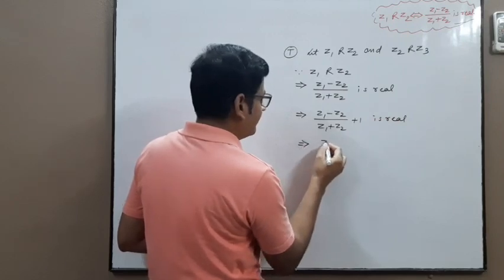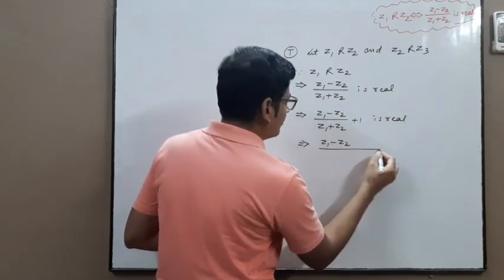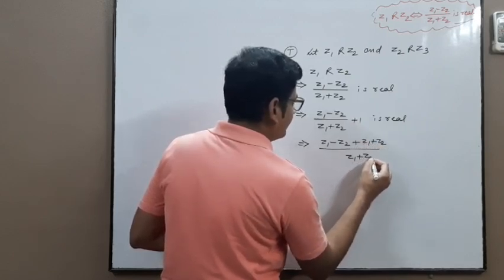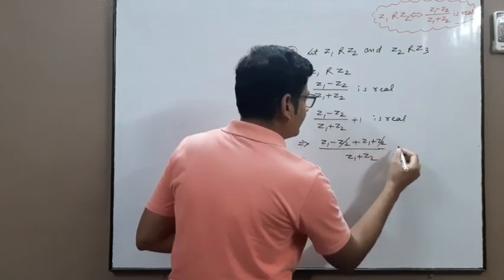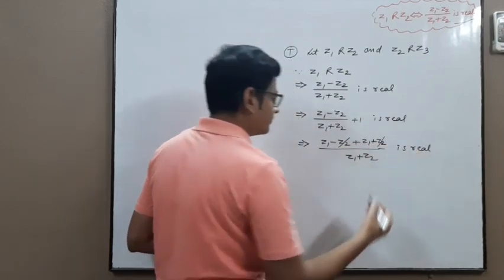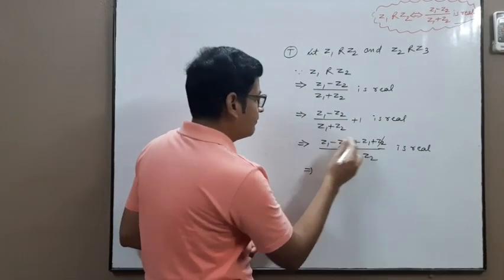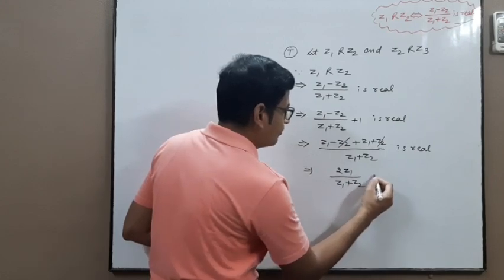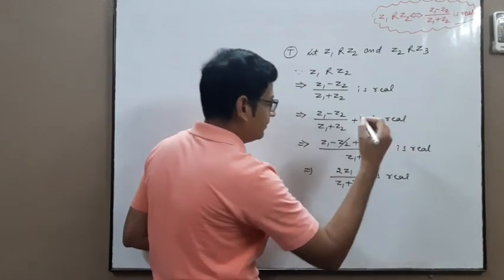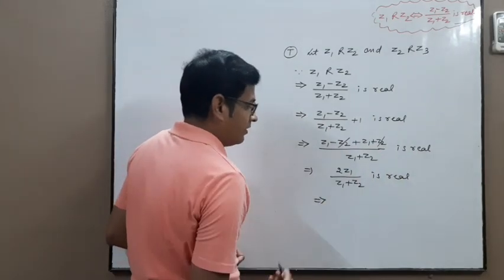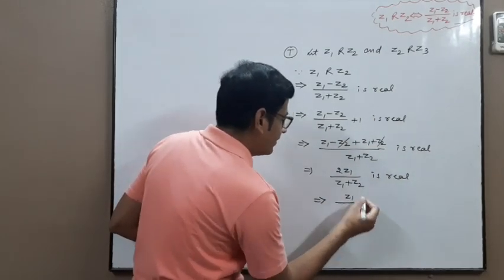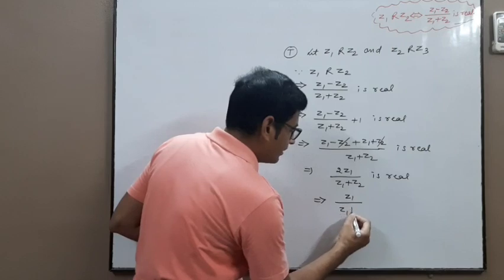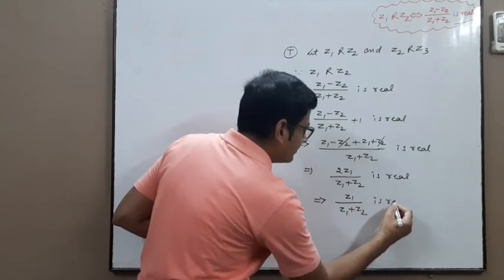Taking LCM, (Z1 - Z2 + Z1 + Z2)/(Z1 + Z2), the Z2 cancels, is real. Z1 + Z1, 2Z1/(Z1 + Z2) is real. It means Z1 divided by this quantity by 2, a real number divided by 2, is real. So Z1/(Z1 + Z2) is real.